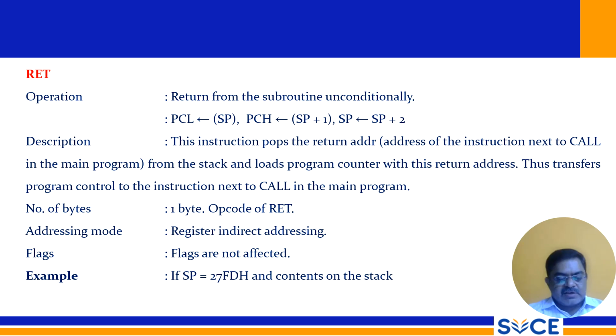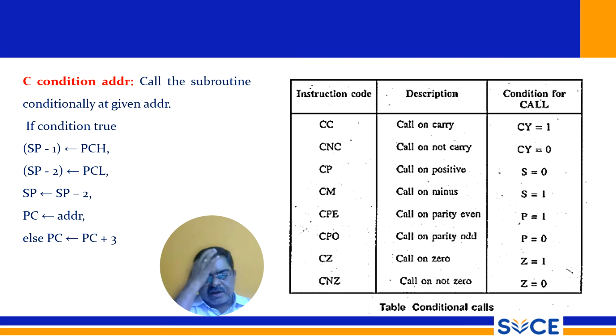Then we have the condition address. The conditions are CC, CNC, CP, CM, CPE, CPO, CZ and CNZ, and here C condition calls the subroutine conditionally at the given address.